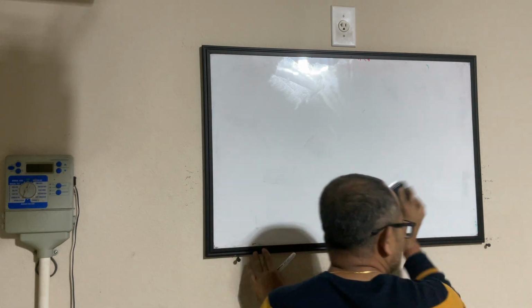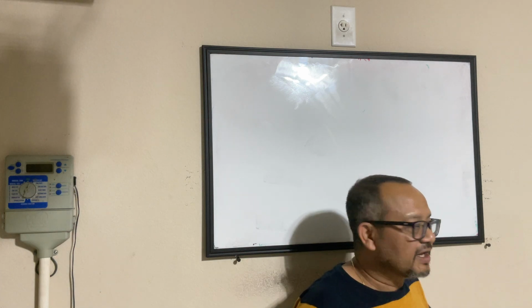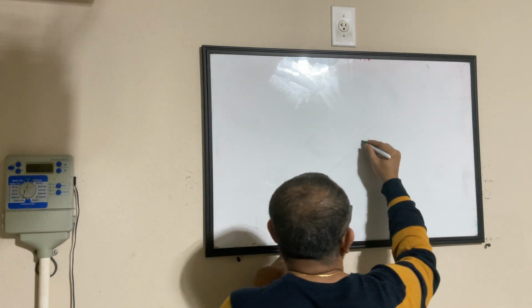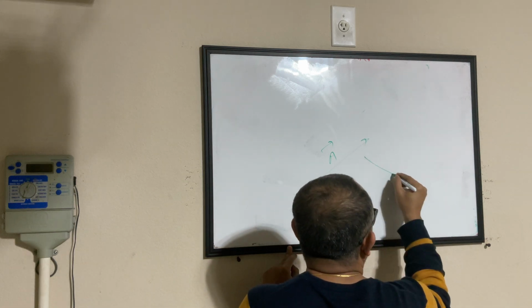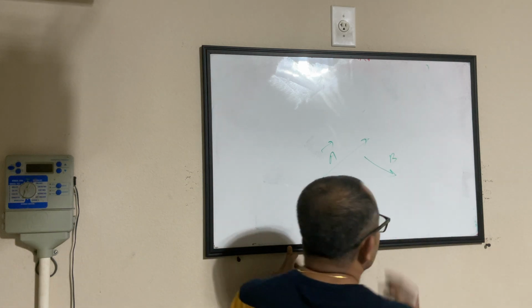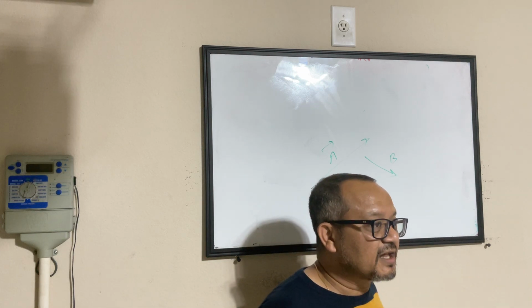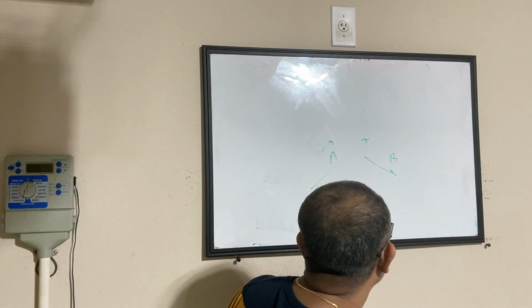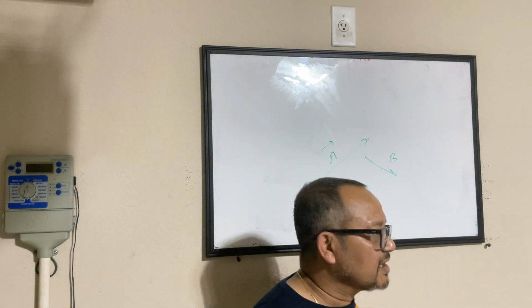I want you guys to think about what exactly happens when you do A minus B. Let's say this is my A, and let's say this is my B. If I say A plus B, remember one property that we learned is that the origin of any vector doesn't matter.